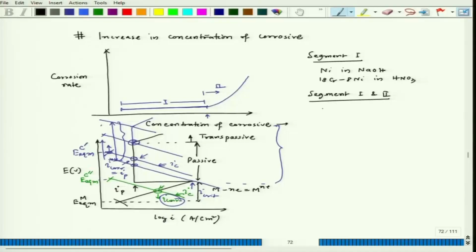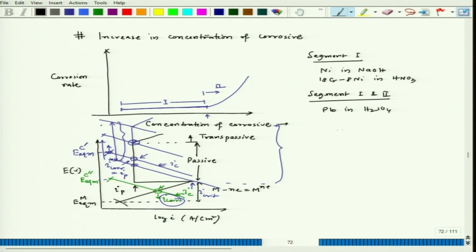Once the high concentration corrosive dissolves that protective layer, not exactly a passive layer, immediately we can see a kind of exponential rise in corrosion rate. One such example is lead in H2SO4.